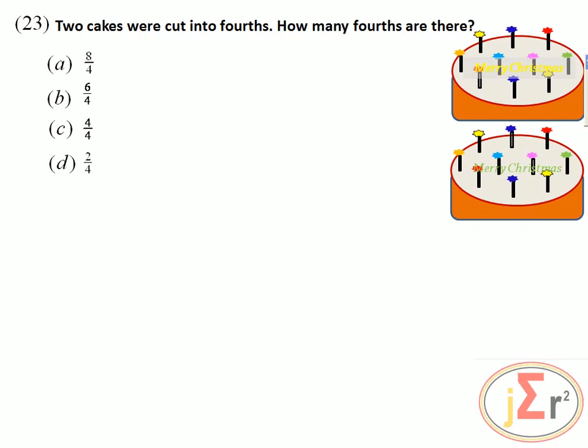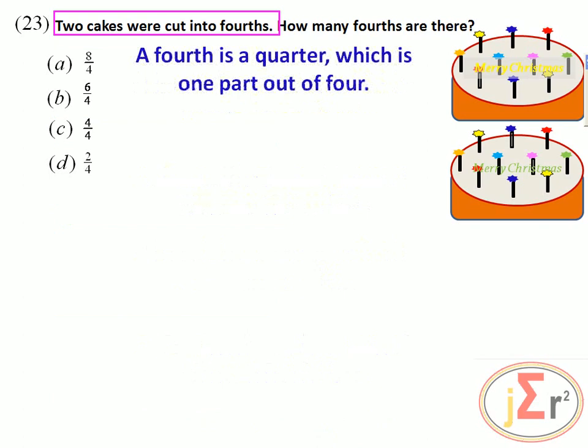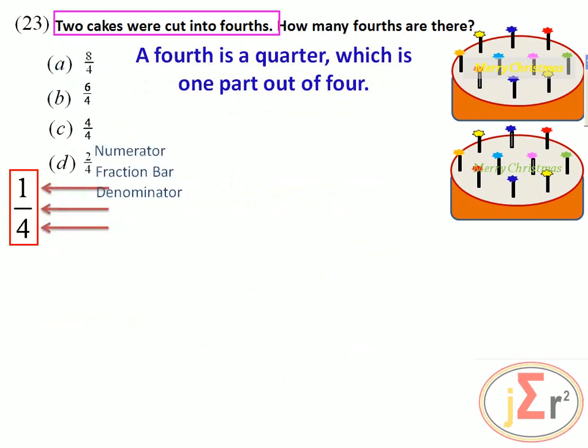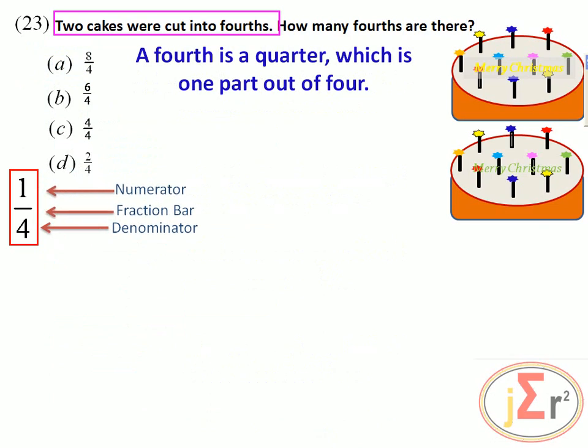Right. So 2 cakes were cut into fourths. A fourth is a quarter, which is 1 part out of 4. So we have the numerator, the fraction bar as usual, and the denominator. We are focusing on the denominator.